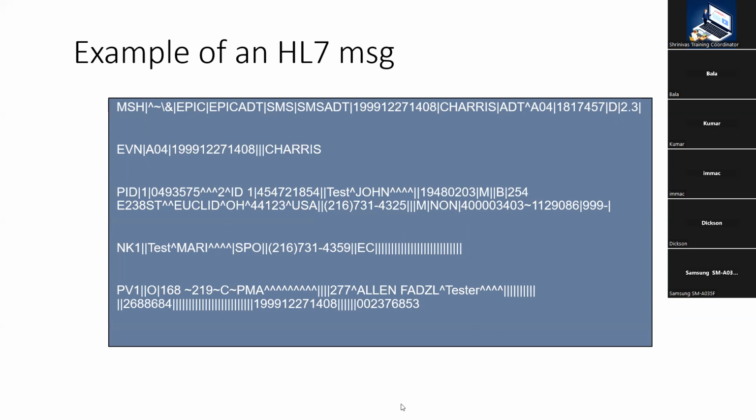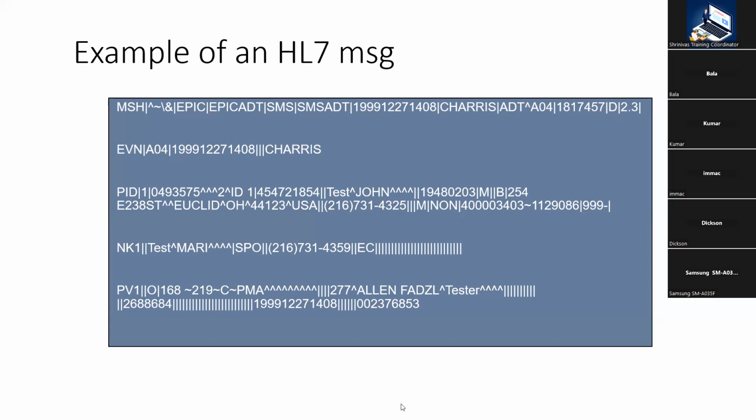There are other roles like implementation analyst, who will implement the interfaces that are developed by the developers. And there are other roles like application support, where you'll be supporting HL7 interfaces which are in production. So there are various categories based on your convenience or your interest in which specific sector you can get into.